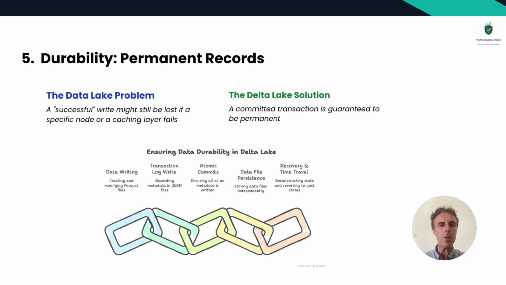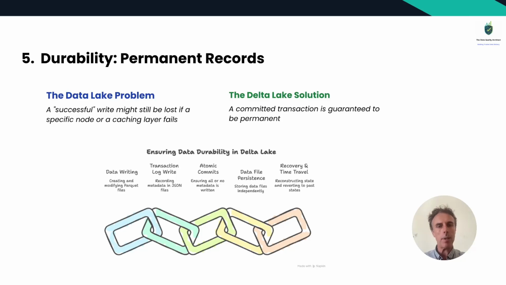Before the operation is visible, metadata about these new files, which files were added or removed, is written as a new JSON file, a commit to the _delta_log directory. Then as before, the commit process is always atomic.